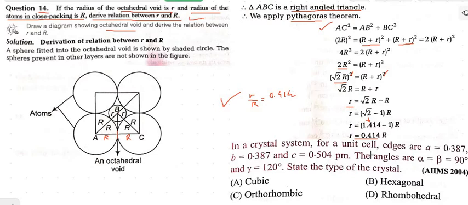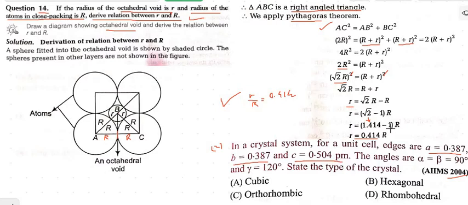Now moving to the second question. This is an MCQ which was asked in AIIMS exam 2004. It says in a crystal for a unit cell, the values are a is equals to 0.387 picometer, b is equals to 0.387 picometer, and c is equals to 0.504 picometers.